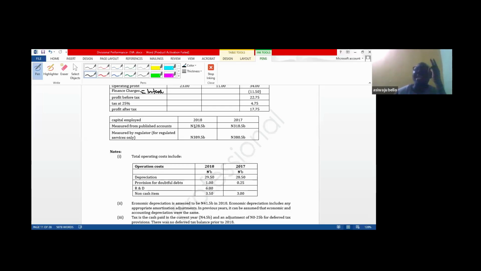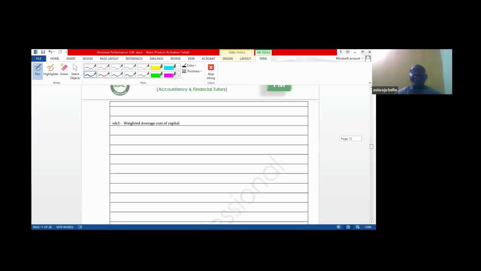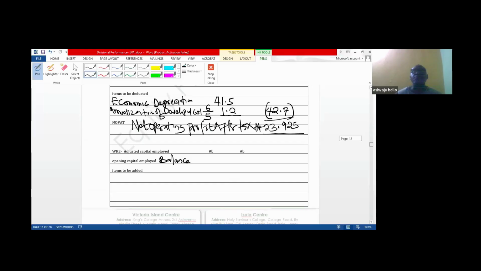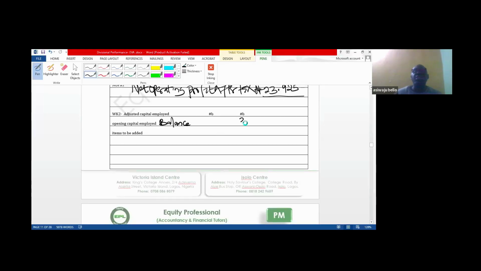I want opening capital employed for 2018. That will be the closing capital employed for 2017. What was closing for 2017 becomes opening for 2018. Therefore, opening capital employed is 318.5.